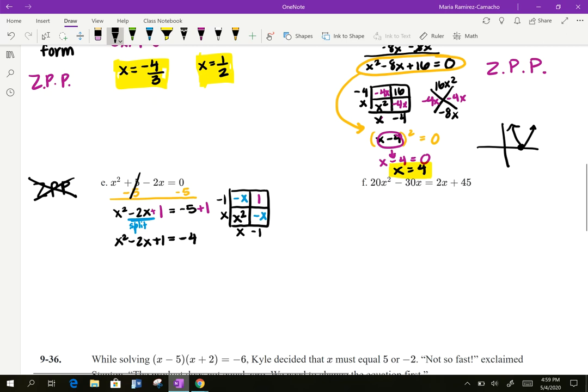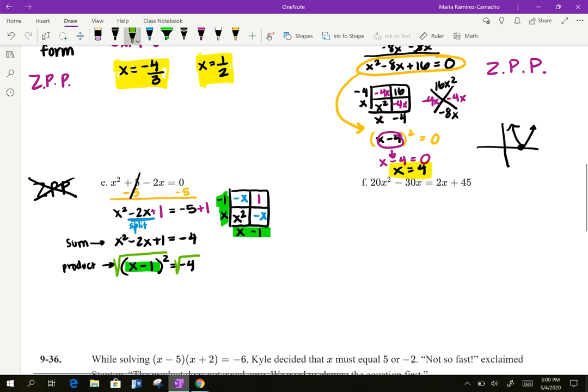Now let's rewrite this sum as a product. Okay. Again, I'm completing the square. I have the same length and the same width. X minus 1, x minus 1, so that's what's going to go here. And now I can solve for x. Okay. To undo this exponent, this 2, I can take the square root of both sides.